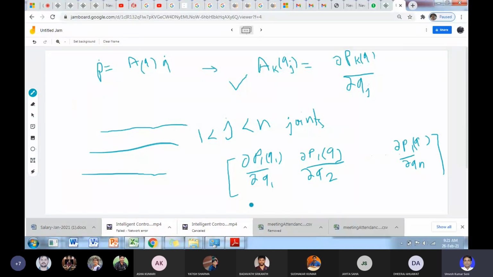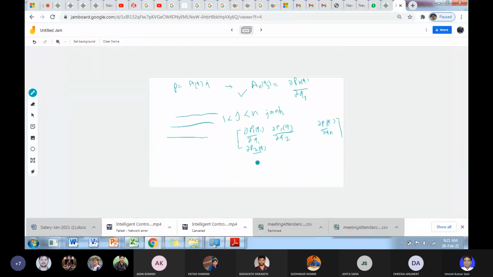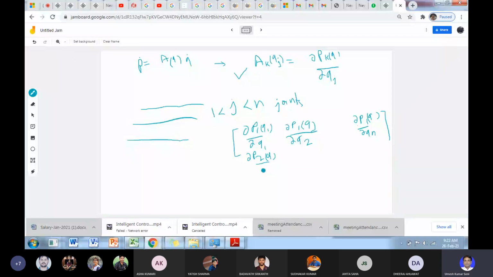And the second row will have dp2 q by del q1, q by del q2 and so on.